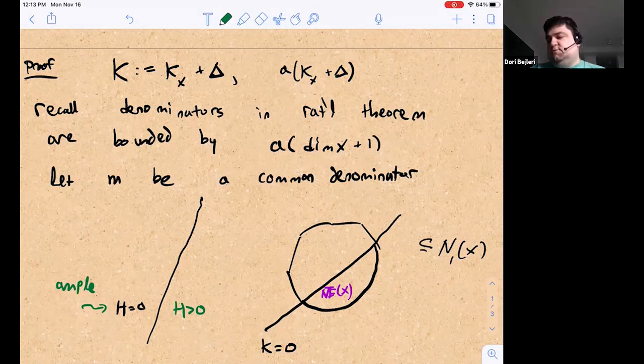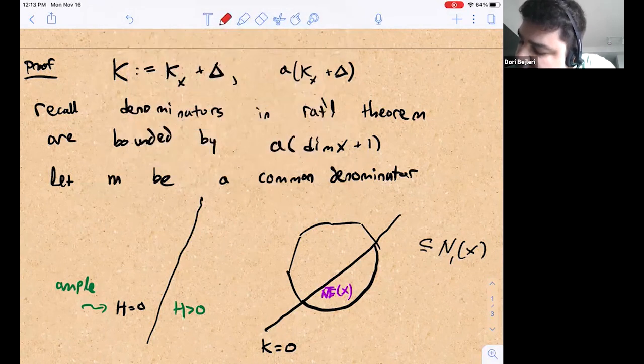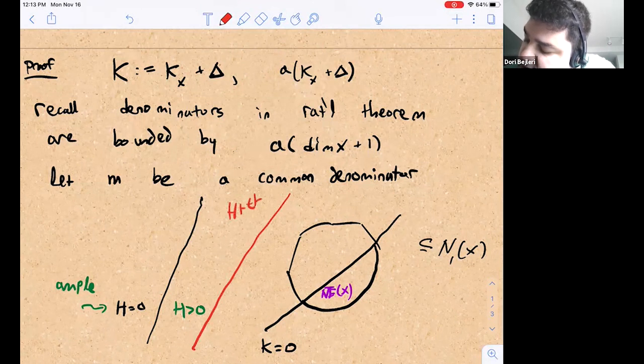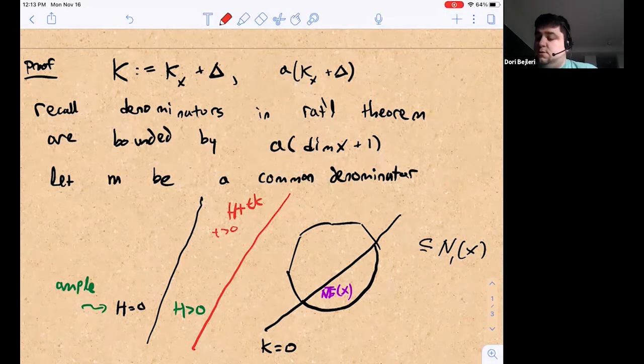So we have this picture where K equals 0 slices in the middle of the cone. Then what we can do is apply the rationality theorem, and we can just start taking H plus tK for t greater than 0, and now we're going to get closer and closer to our cone of curves, and eventually we're going to hit the cone of curves.